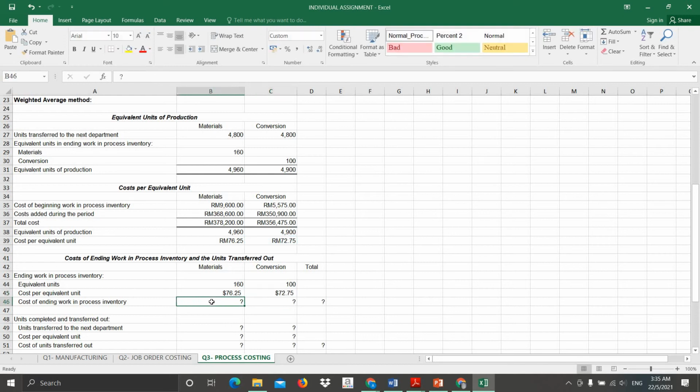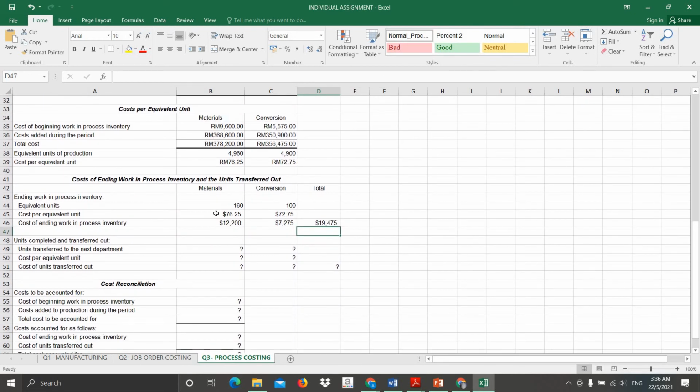And to calculate the cost of ending work in process inventory, we need to times the equivalent unit with the cost per equivalent unit. For the total, we can add the materials and conversion together. Then we need to change the currency.